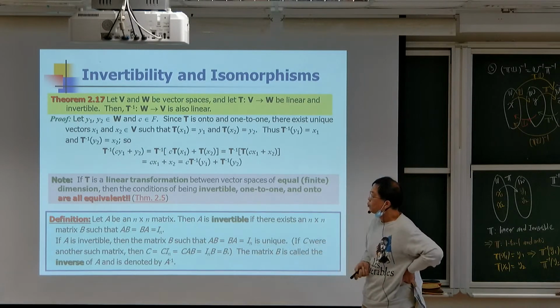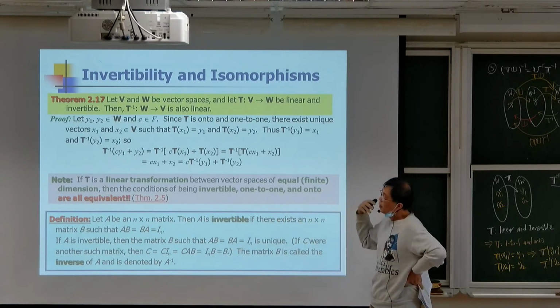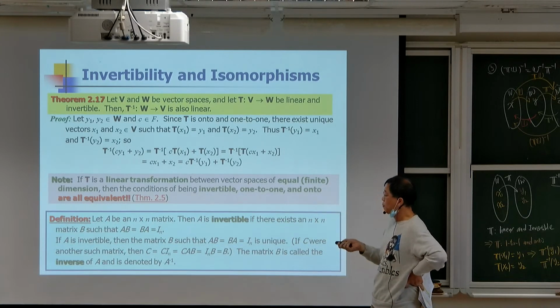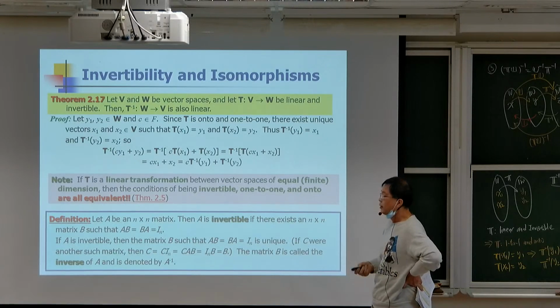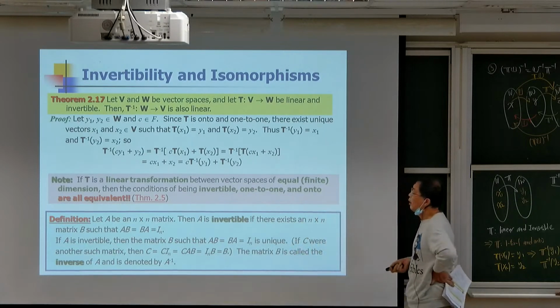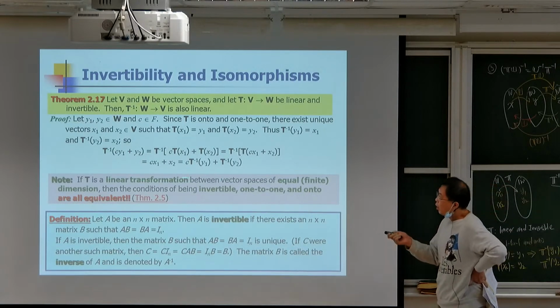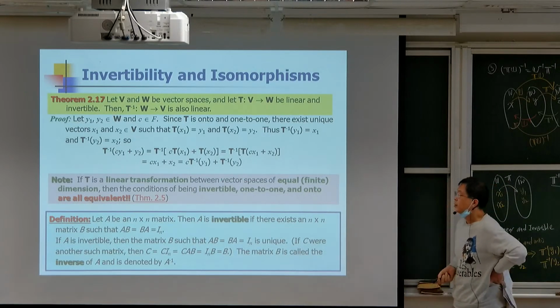We can also say that if the transformation is invertible, then it implies that the transformation is 1 to 1 and onto, and also the two vector spaces have the same dimension. So all these statements are equivalent.